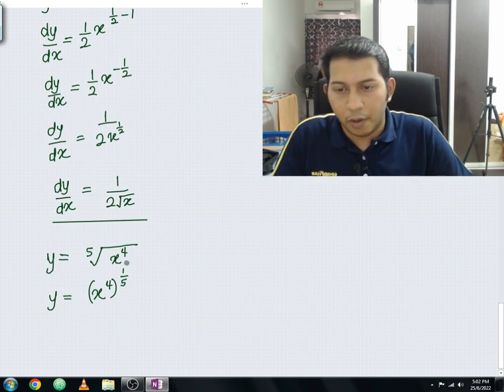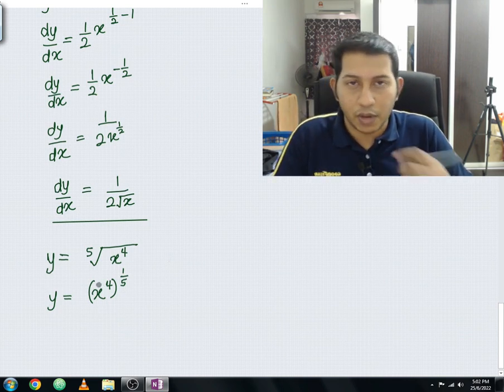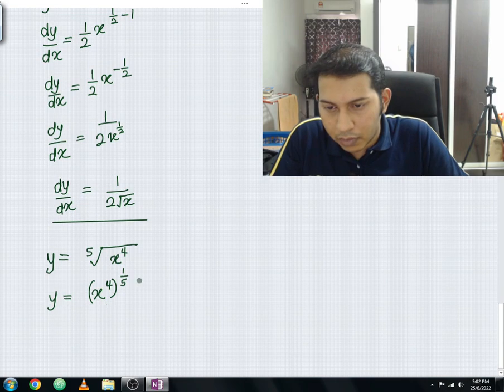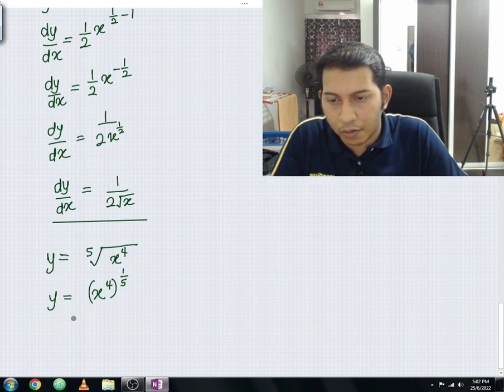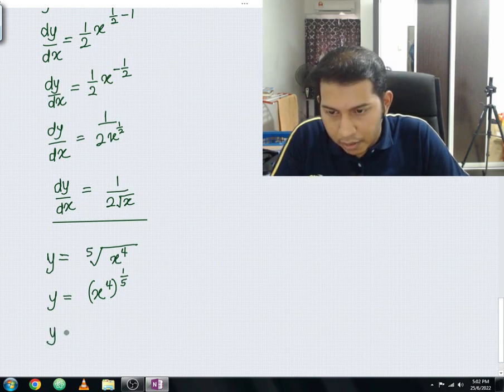So this is the form. I hope you guys understand this. So from here, 4 times with 1 over 5, you get y is equals to x to the power of 4 over 5.